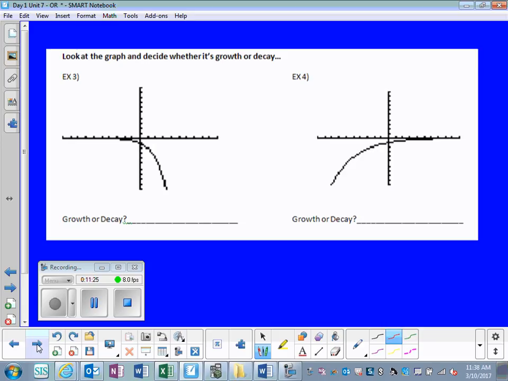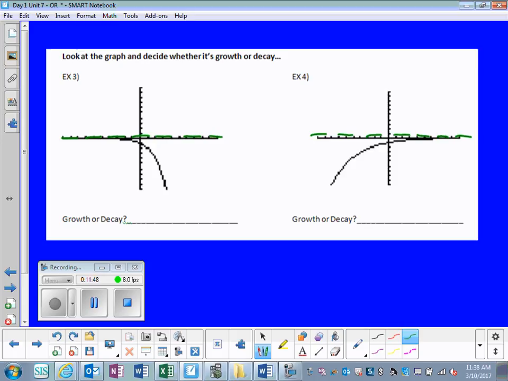Yes, exactly. So this is very important. My horizontal asymptote is still the x-axis in both of your cases, or something close to that. And you see on the right, my function goes away from the horizontal asymptote. So growth is not very intuitive at first.